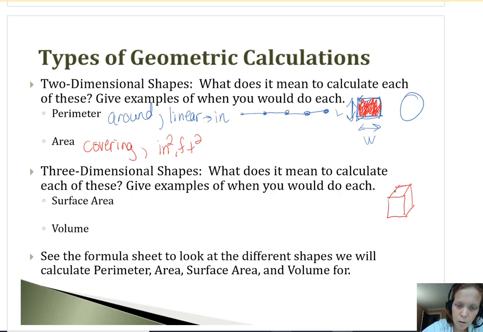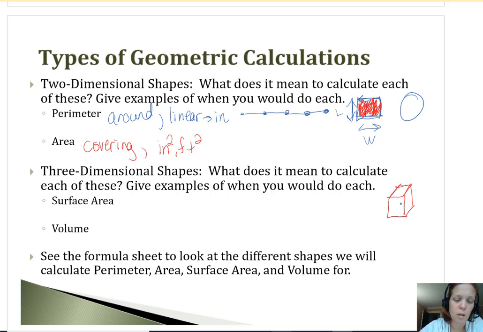But here I've got one of those round chapsticks, which would be called a sphere. That would be a three-dimensional shape, or like a Kleenex box. I'm going to use the Kleenex box as my example of a three-dimensional shape.